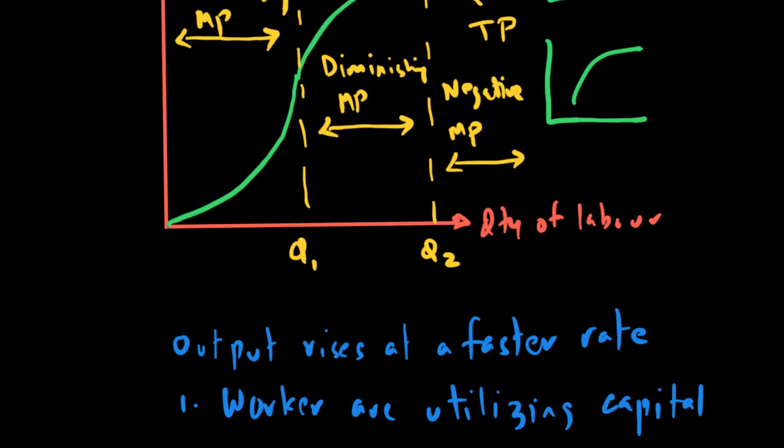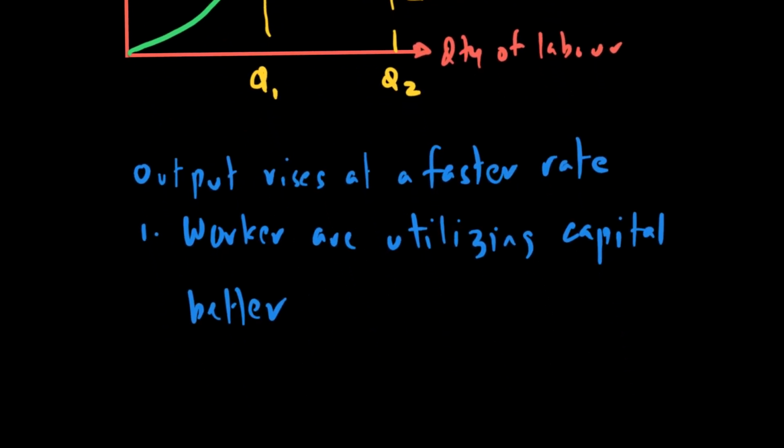What do we mean by this? The idea goes this, that if we have capital which requires, let's say, more than one worker, so as you keep on hiring more and more workers, the utilization of capital becomes better. So for example, if I have a machinery that requires 4 workers but I only have 1 worker, then 1 worker may not be utilizing capital better.